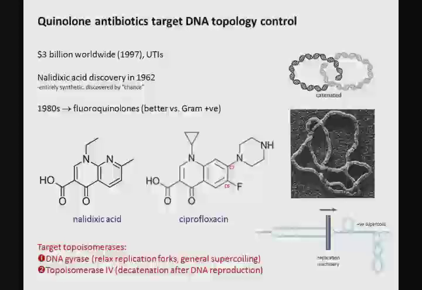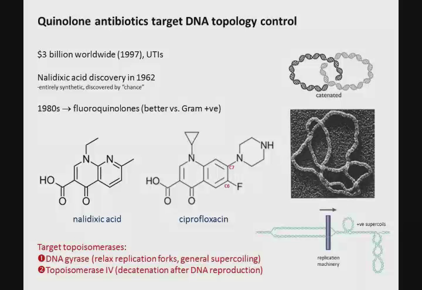And you replicate, and you end up with one new copy and the existing copy, and you discover, because of the nature of the process, the genomes are catenated. So like a set of magician's rings, they're fused and they can't be physically separated. And the target of these drugs is the machinery that physically separates the daughter genomes after reproduction.